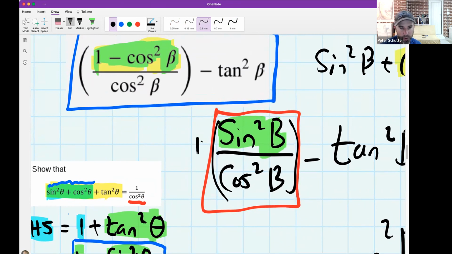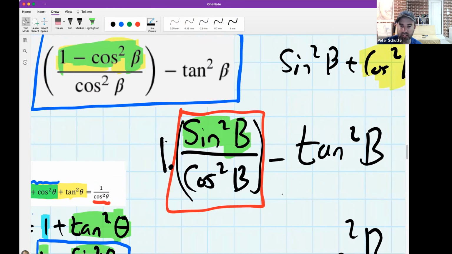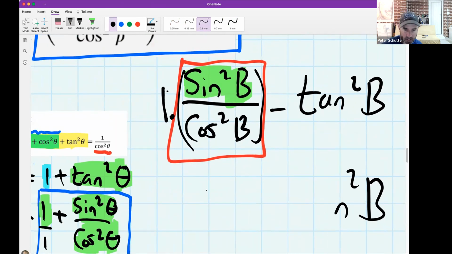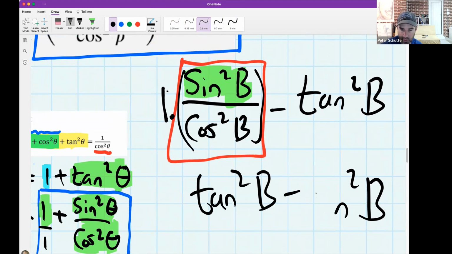And so all the brackets have is a 1 outside, but it doesn't really do anything. And so I multiplied out the brackets with the 1 being outside. And so that's how I could go to the next step to tan squared b. Basically, this became tan squared b, and then that was tan squared b. And then together, anything minus itself is 0. So that's kind of what I was doing.